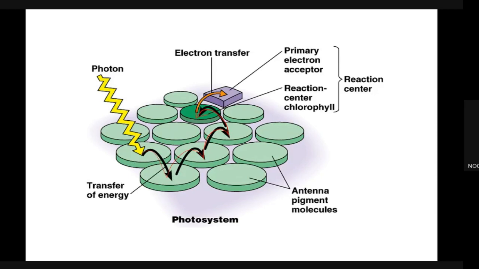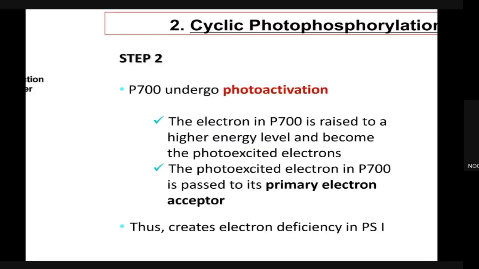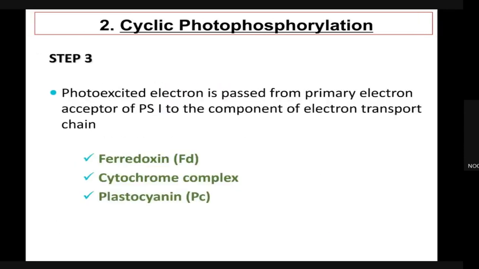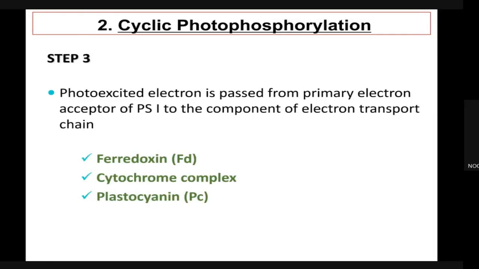Then the reaction center, the primary pigment, becomes photoexcited and excites the electron to the primary electron acceptor. So it is said that P700 undergoes photoactivation. The loss of electron from the PS1 creates an electron deficiency.